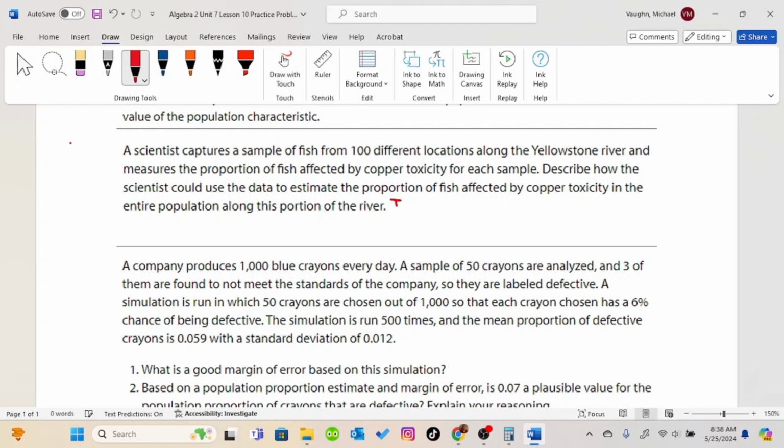So, the scientist should find the mean and standard deviation of the sample population.